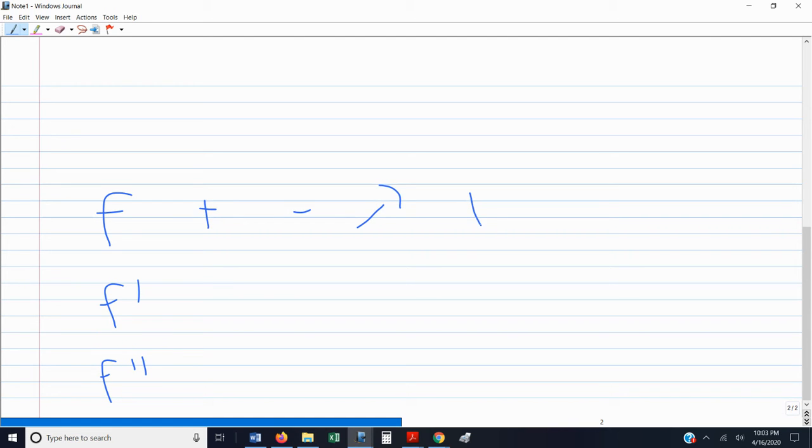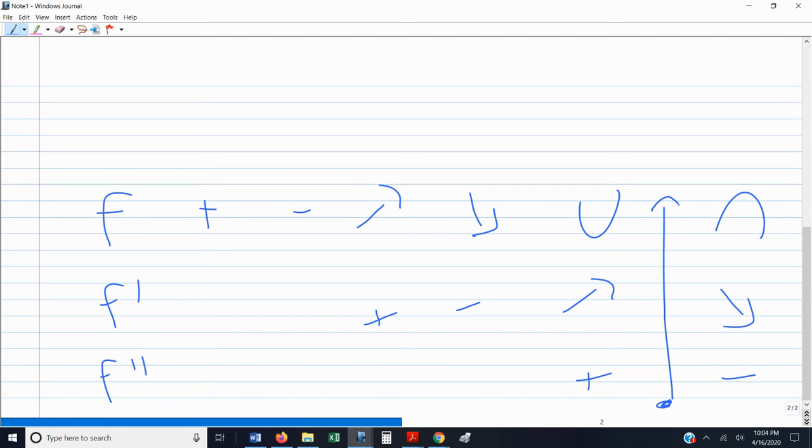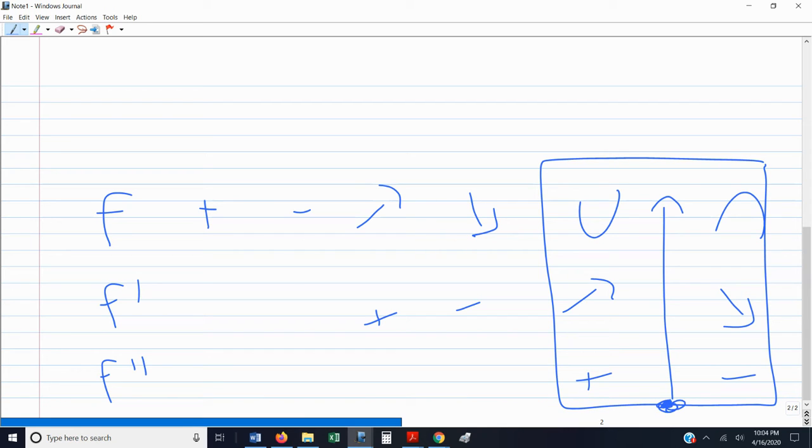Positive, negative, increasing, decreasing, concave up, concave down. Positive, negative, increasing, decreasing, positive, negative. Remember that there is an inflection point here, and you can see all the things that happen at an inflection point. So the original function does what at an inflection point?